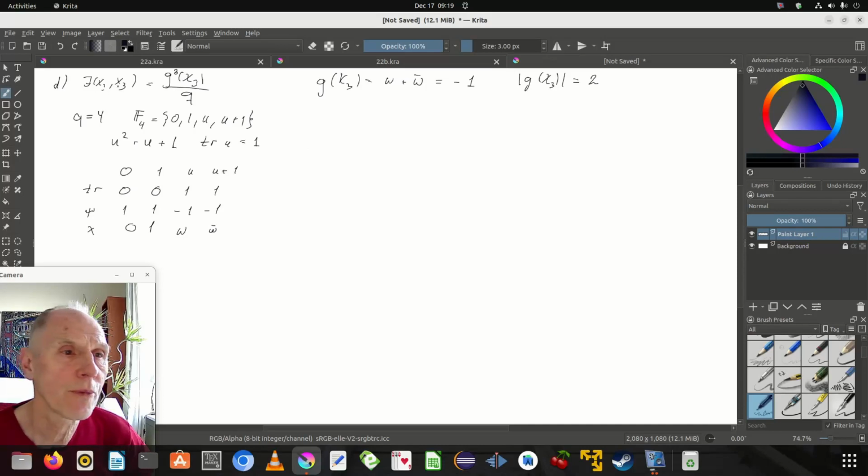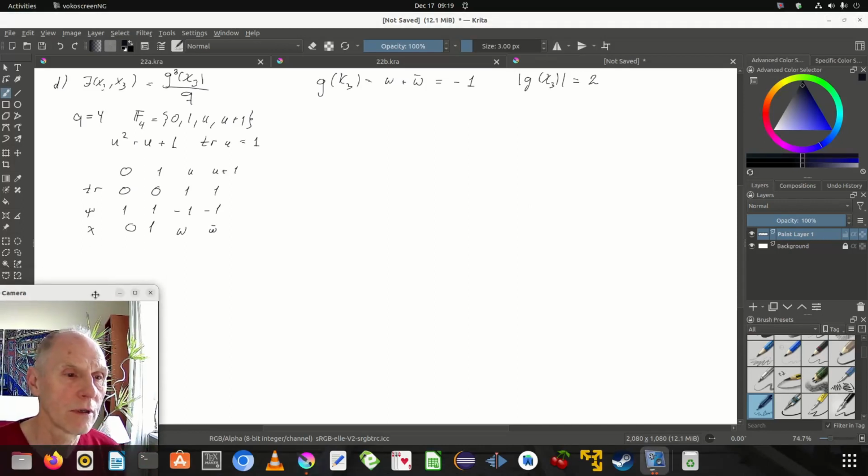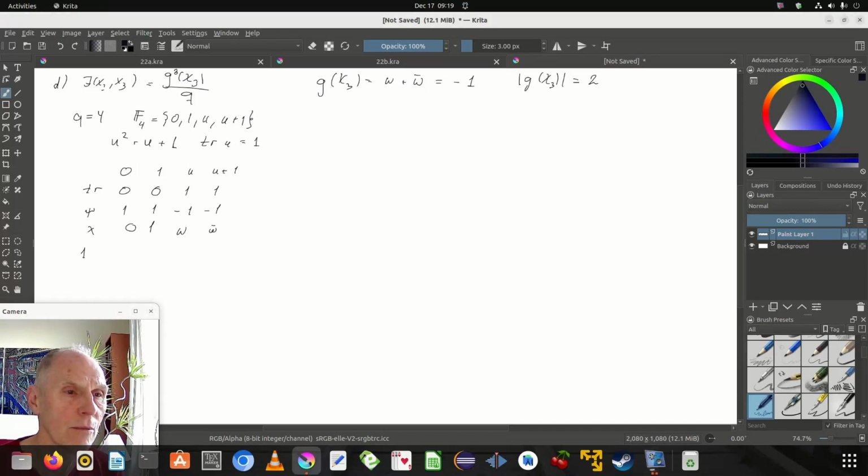Well, let's compute J explicitly and then see whether it adds up. Oh, it couldn't. That would be a fraction. Well, let's just do it anyway. I'll just remove myself a little. 1 minus x, it's 1 naught u plus 1 u, chi of 1 minus x, 1 naught omega bar omega.